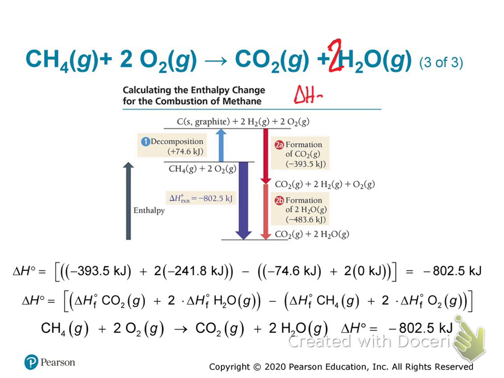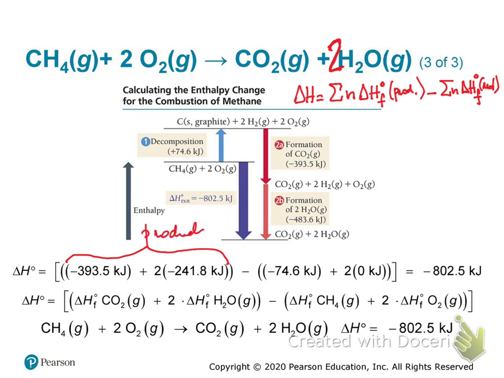Delta H equals summation, number of moles, standard enthalpy of formation for the products, minus summation, number of moles, standard enthalpy of formation for reactants. Your eye has to capture the products minus the reactants here.